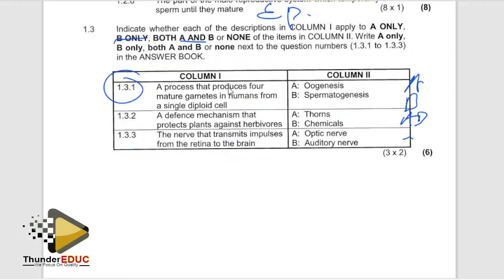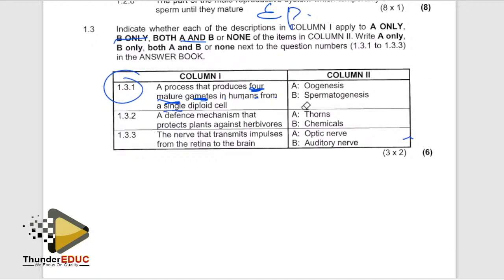Alright, the process that produces 4 sperm, 4 mature gametes in humans from a single diploid cell. 4 mature gametes. You see that statement?